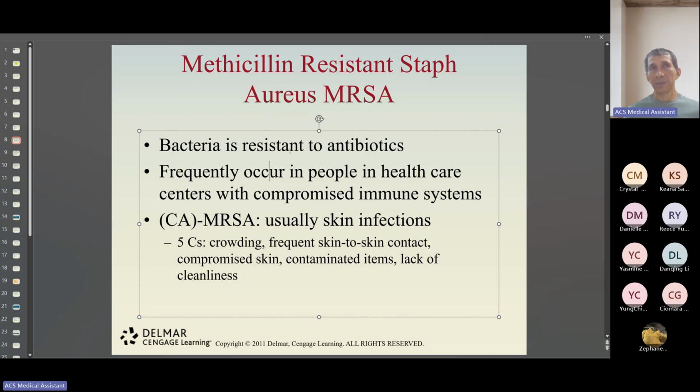Remember, this affects mostly people who are immunocompromised or have a weak immune system, patients who are admitted, patients who are in the ICU, nursing homes. These are the places where these patients are going to get this condition because they are continuously being infused or administered these medications. So the body comes to the time that it doesn't respond anymore to it.